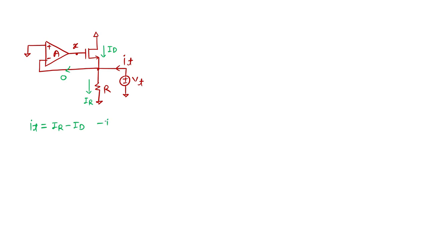This is my first equation. What is my Vx? My Vx is nothing but 0 minus VT times A, which I also call minus A VT. This is my second equation.